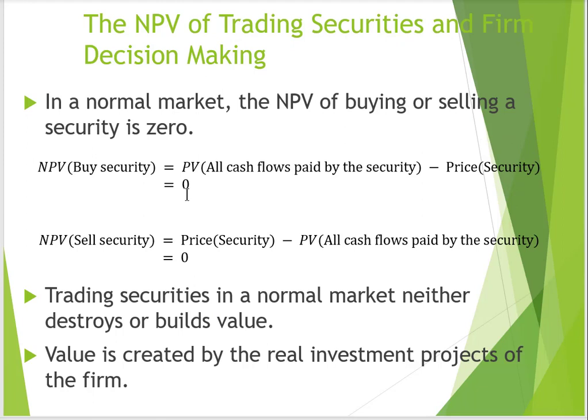So in a normal market, the net present value of buying or selling a security is zero. And this is a very important concept. Most people think that when companies issue securities, that creates some type of value for the company. But the net present value of buying or selling a security is 0.